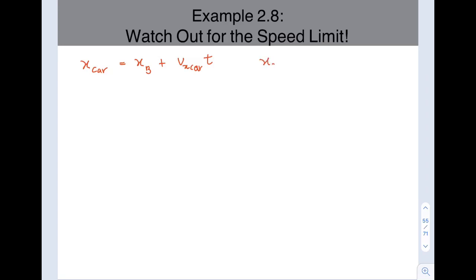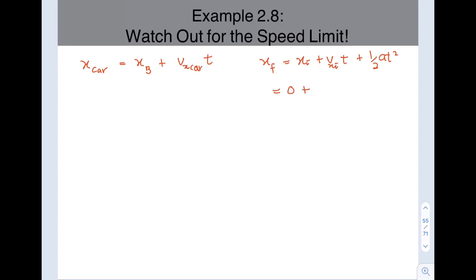The x final equals x initial plus, this is the equation, Vx initial t plus half a t squared. For the trooper, initially it is exactly at the billboard. Therefore, we define it as 0, because the motion of the trooper starts from the billboard, and the billboard is our reference. That's why we set the x initial of the trooper to 0.